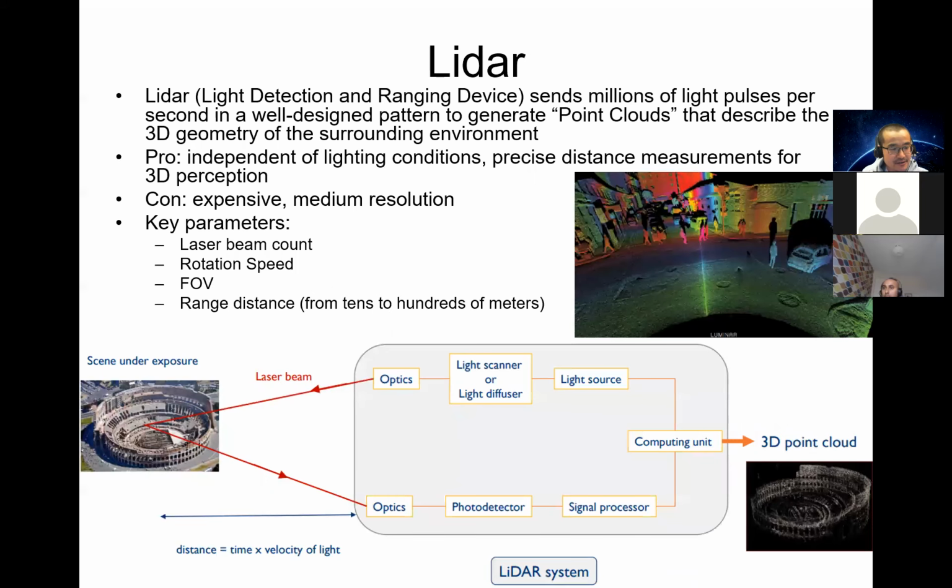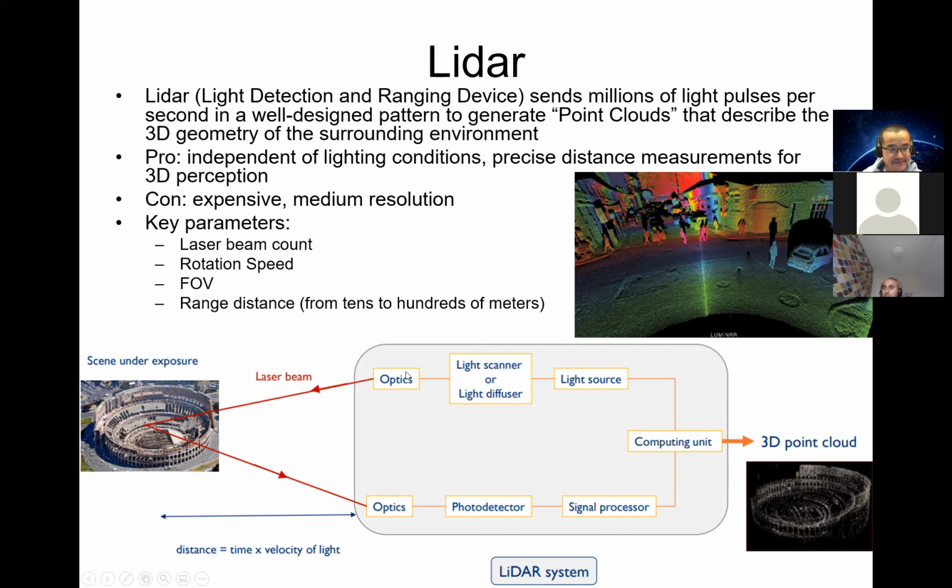So let's first look at LiDAR. LiDAR sends out millions of light pulses per second in a well-designed pattern to generate point clouds that describe the 3D geometry of the surrounding environment. So here's a picture of a LiDAR.